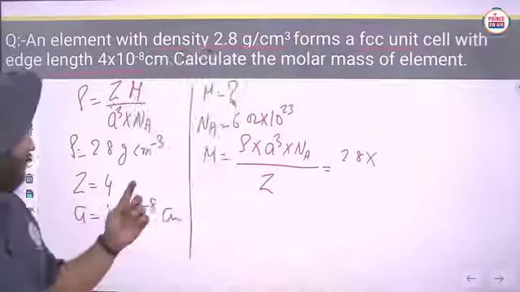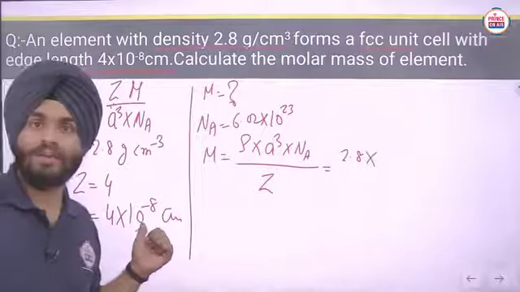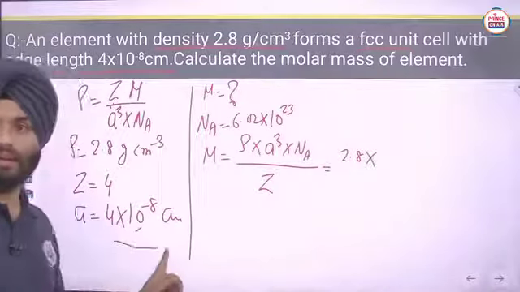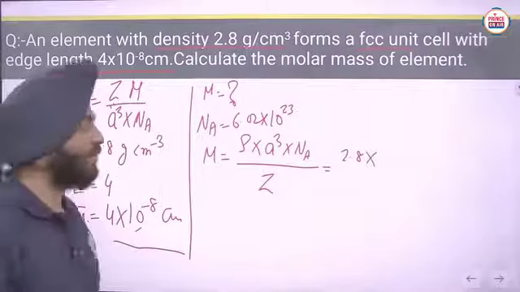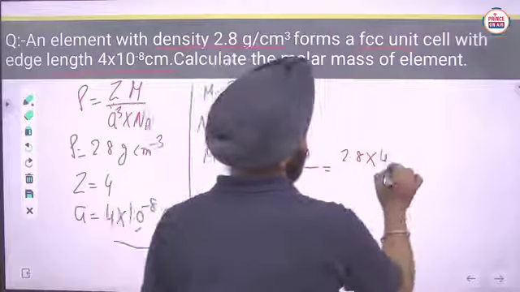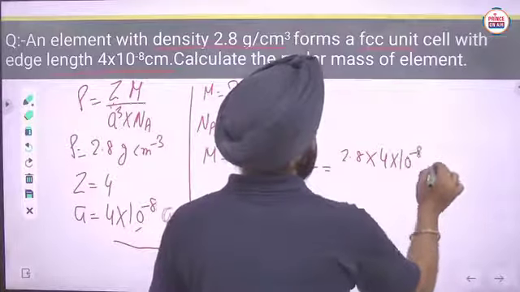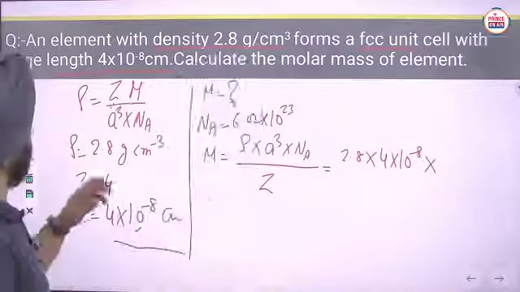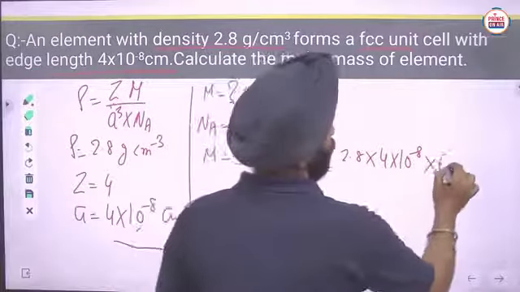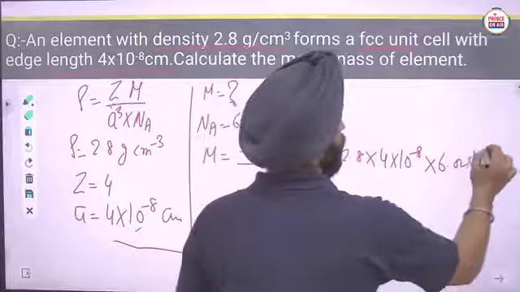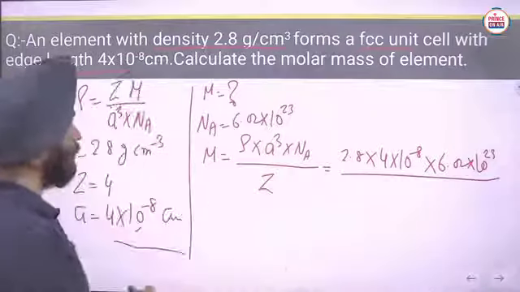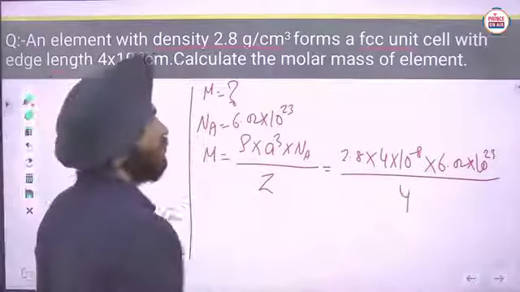And a cube: what is the value of a here? 4 into 10 raised power minus 8. And Na is 6.02 into 10 raised power 23. Z value is 4.